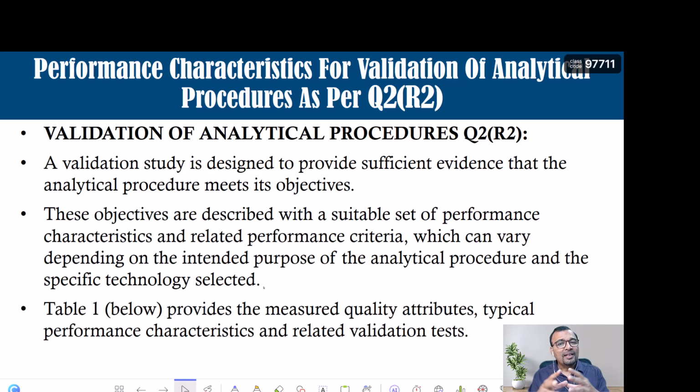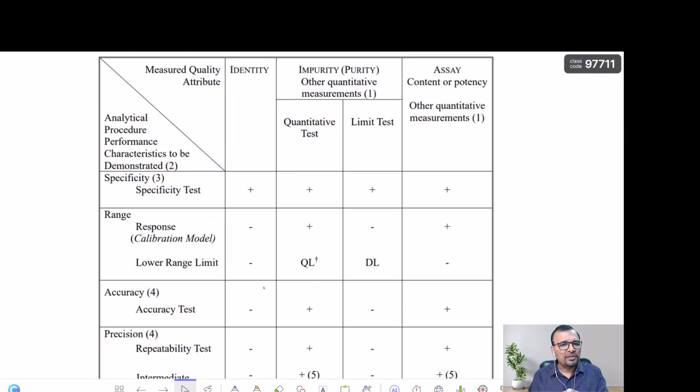Let us now understand the important topic for today's video, that is the performance characteristics for different test procedures. So these are the 4 or 5 different categories of test procedures. The first one is identity.